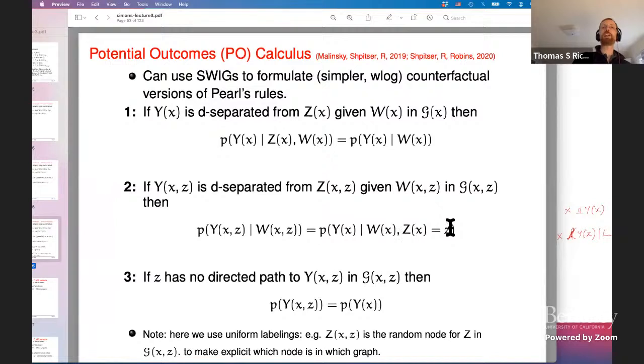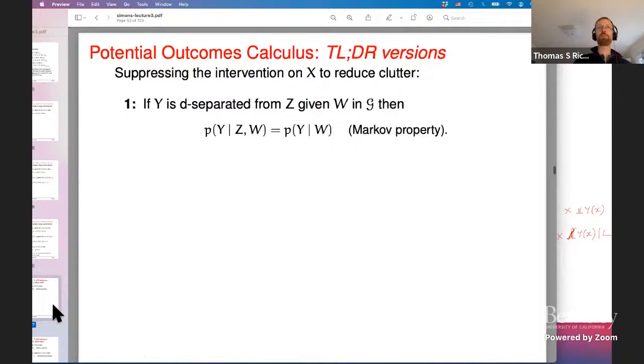So basically, here all the way through, we're intervening on x. To reduce this down and make absolutely clear what's going on, we're just going to consider the case where we suppress the interventions on x. This is what I call the TLDR version.